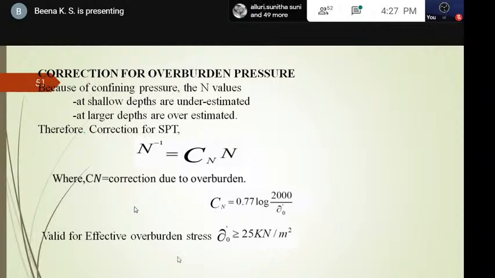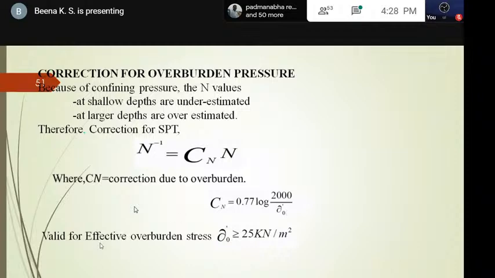Here we have an equation for correction, 0.77, which the IS code refers to. The correction Cn for the N value is equal to 0.77 log to the base 10 of 2000 over sigma, the effective overburden pressure.